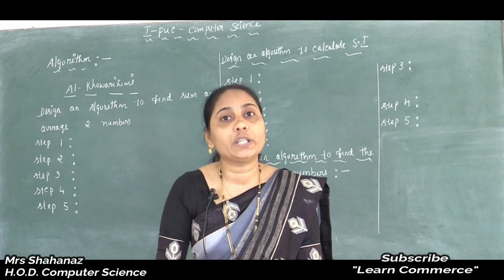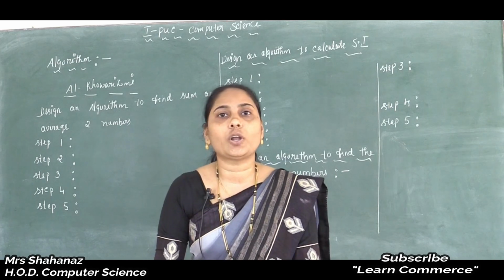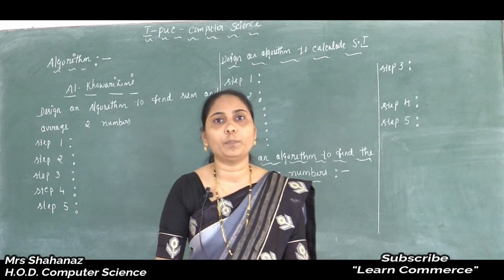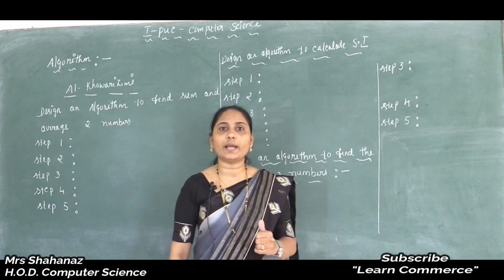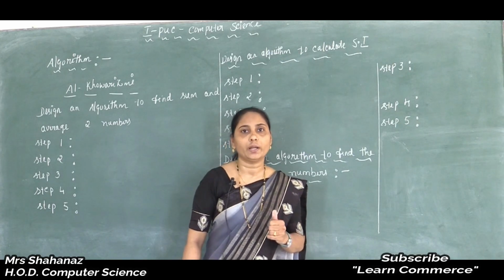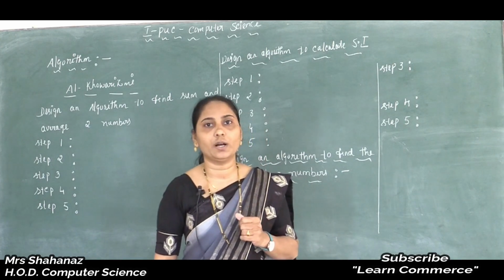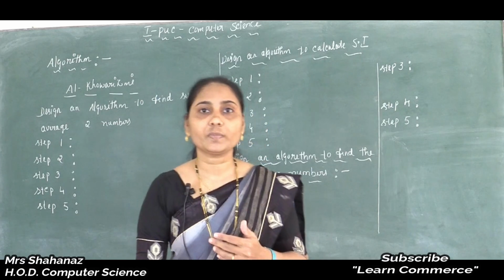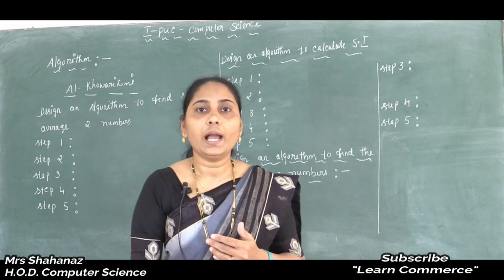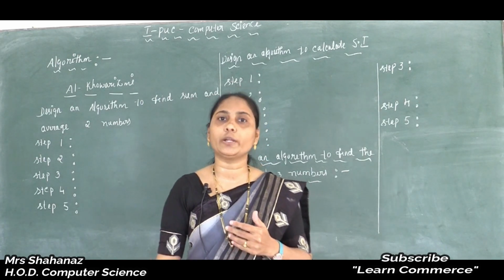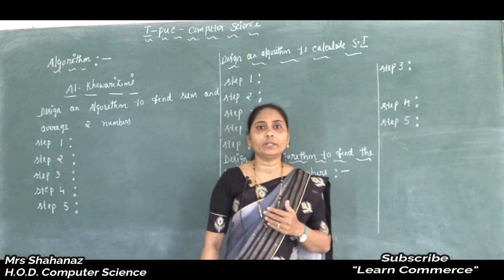This is called the subdivision of the problems. Like that we are going to get the solution by using our computer. So this is called the top down design. And also we know some important advantages of the top down design.